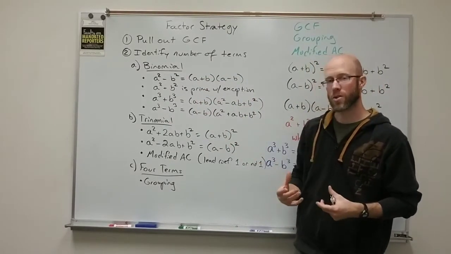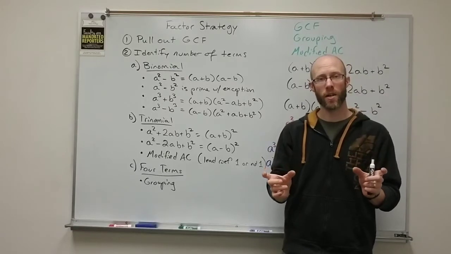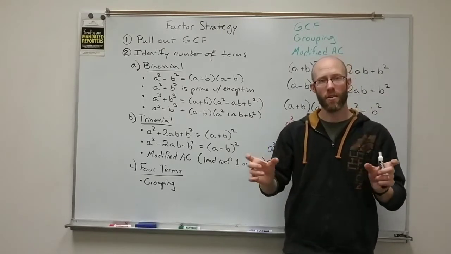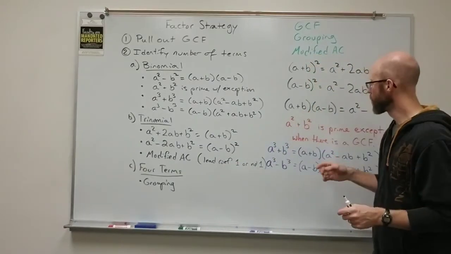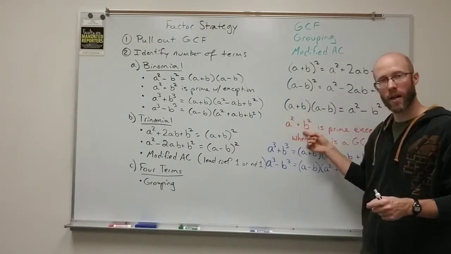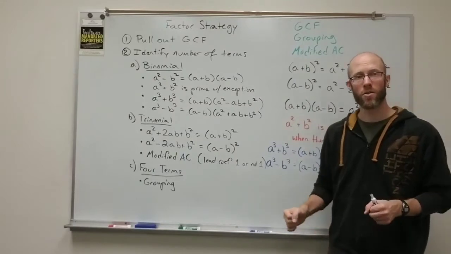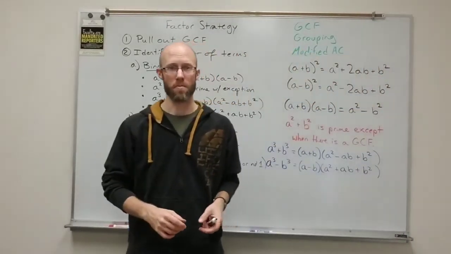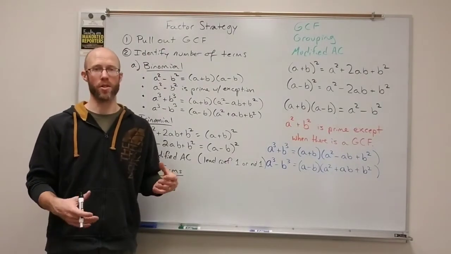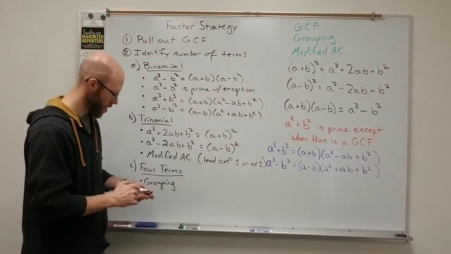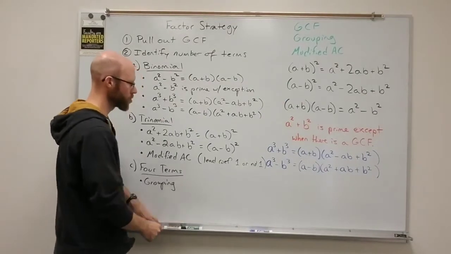You always want to see if you can continue factoring until the end factors are all prime, either linear factors or fitting into something like a sum of squares or some other trinomial that doesn't break down further, okay? So you always want to continue until you have prime factors. Let me run through maybe 1 or 2 quick examples.